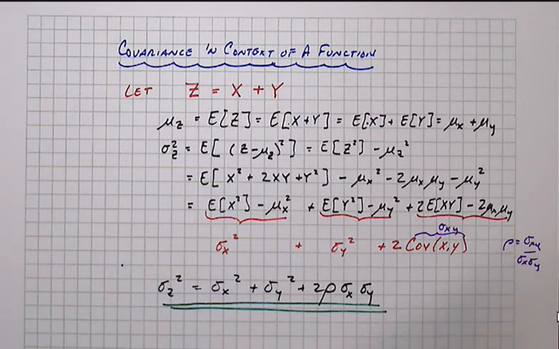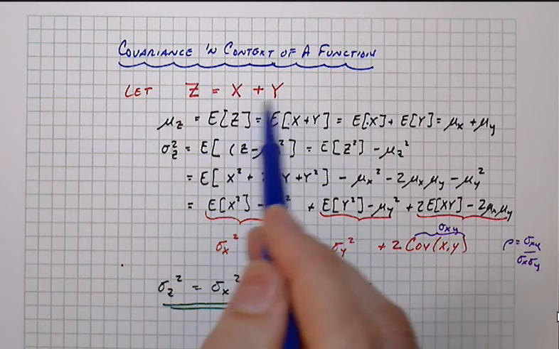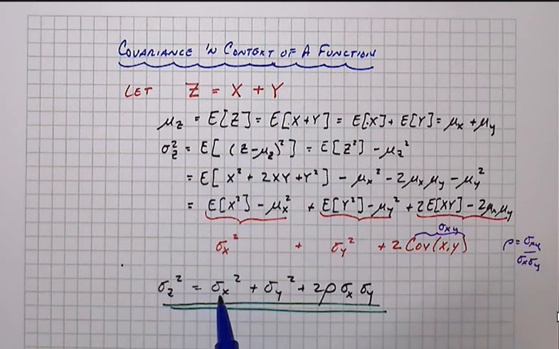Right? And what it says is that the variance of the sum is going to be given to us by the variance of one plus the variance of the other. But if we have a correlation going on between X and Y, that's going to also contribute to more variance in the sum.